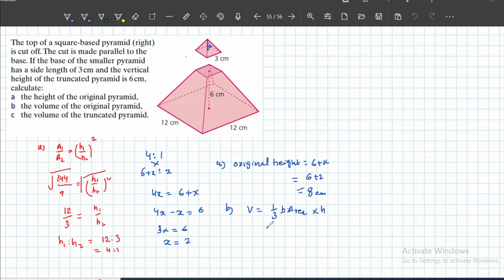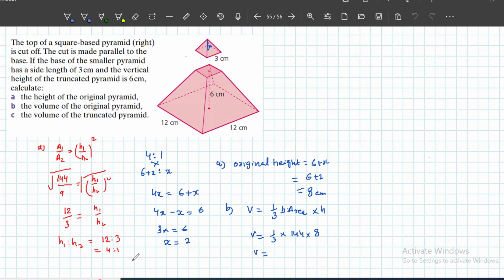They want the original pyramid, so 1 over 3, the base area means 12 multiplied by 12, the area squared, which is 144, and the total height is 8. After this, we can check with a calculator as well.